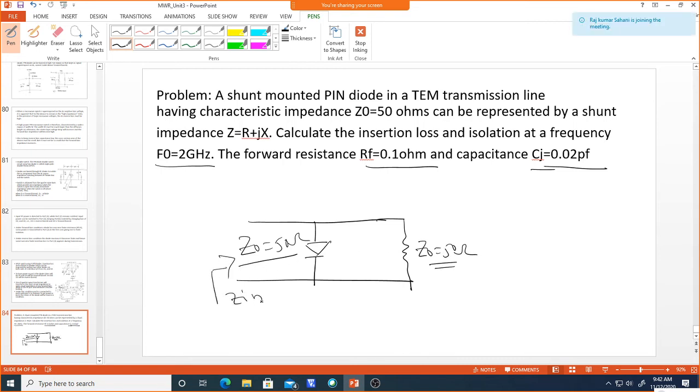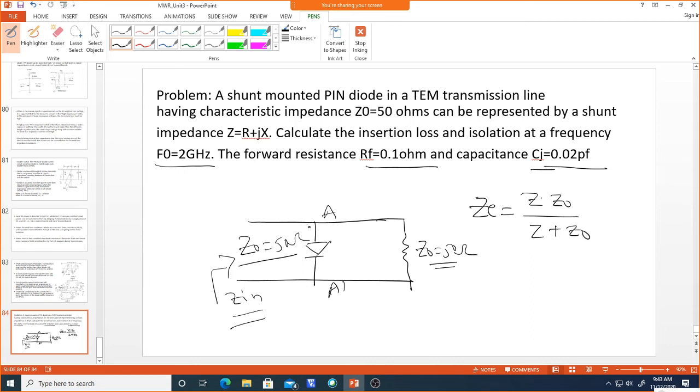Say you have the signal at AA dash; you will find the input impedance, or the effective load, at AA dash, ZE. So ZE equals Z into Z0, divided by Z plus Z0.